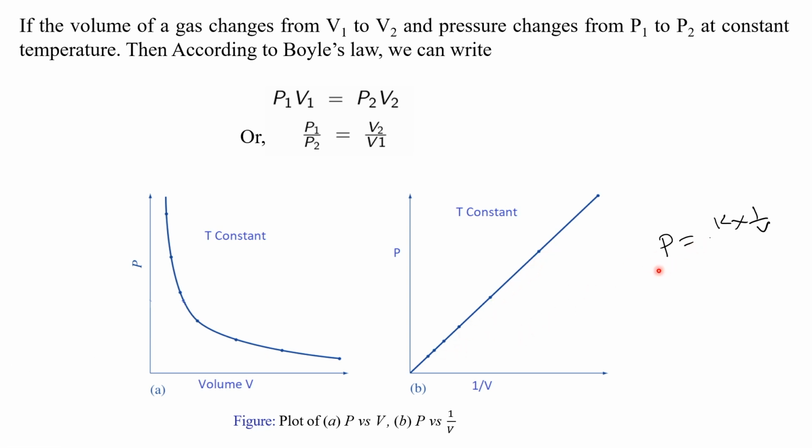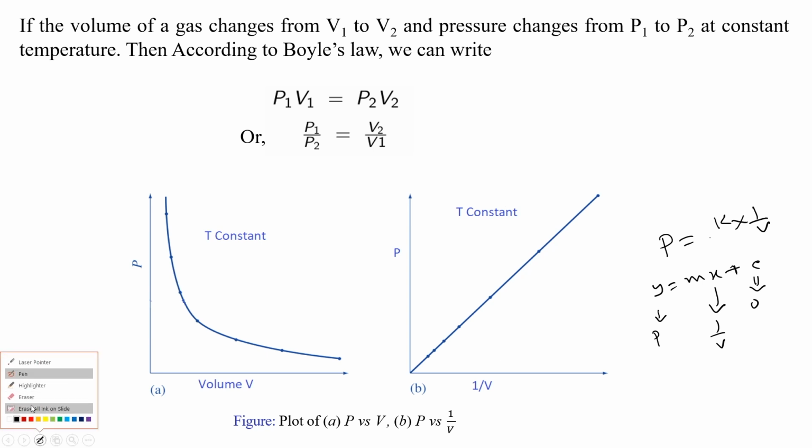It is like y equals mx plus c, the equation of a straight line, where c is the intercept. Here the intercept c is 0 in this case. So the slope gives K, where P is y and x is 1 by V. So if we plot P versus 1 by V, we get a straight line passing through the origin.